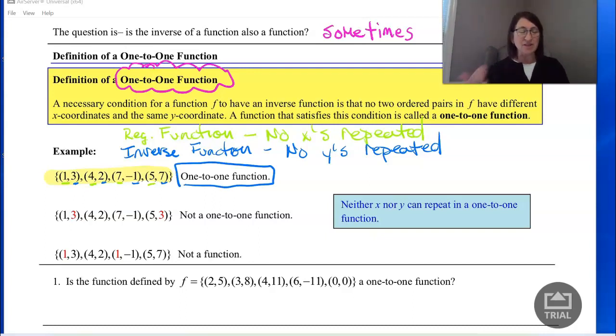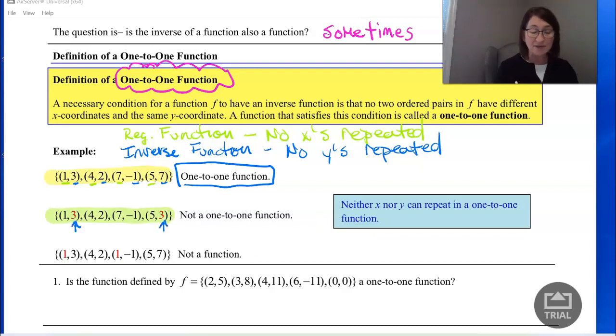All right, let's look at this next example. The next example I'm going to highlight here in green. This one is not one-to-one. Well, let's look to see for our x's. Our x's are all unique. None of them are repeated. Let's look at our y's. Well, our y's are repeated.